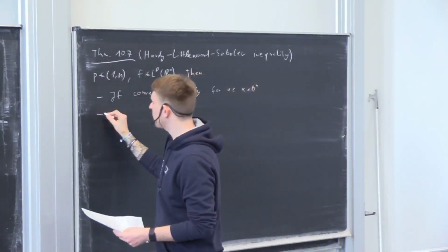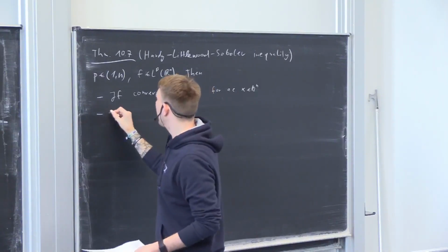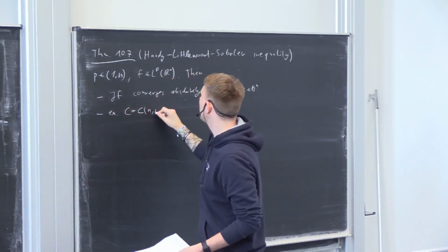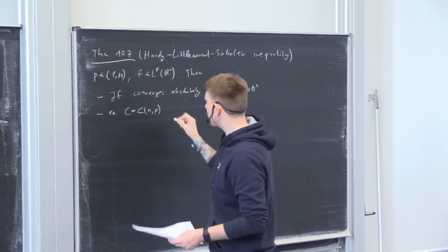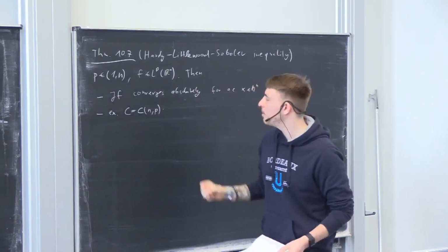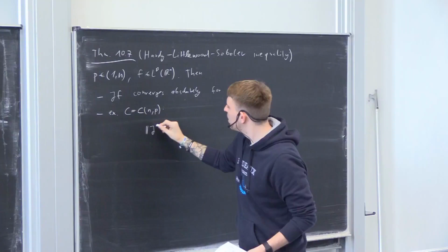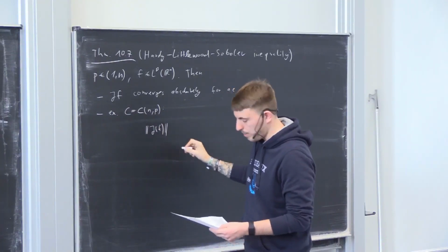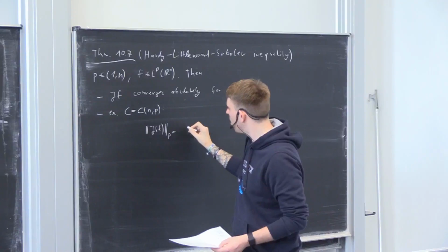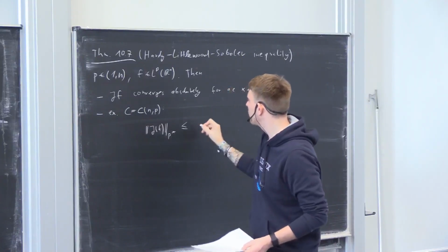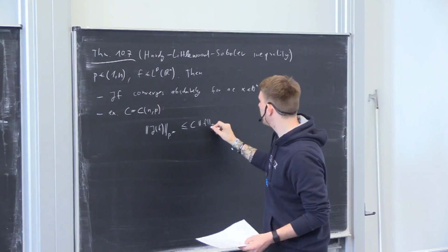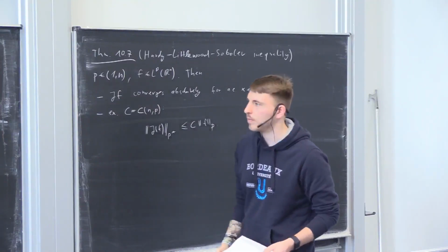The second assertion is that there exists a constant c, which only depends on n and p, such that we have the following estimate: Jf in the p upper star norm is controlled by this constant times f in the p norm.